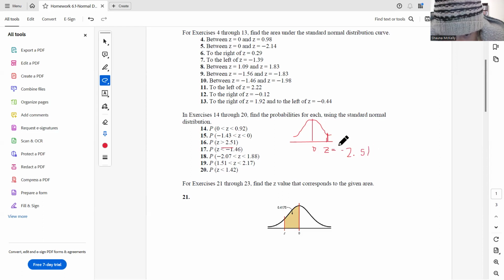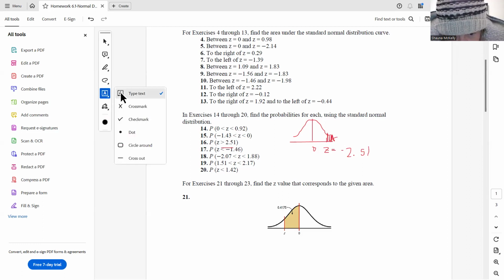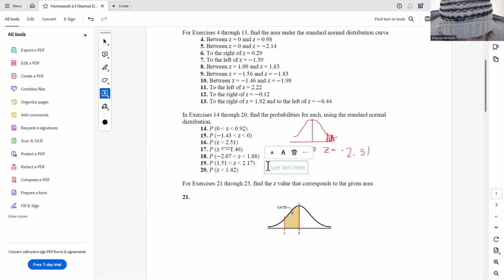And all I'm going to do is shade. It's greater, so I want it to be bigger, so I want it to go this way. So when I write my answer, I say probability of Z greater than 2.51 is equal to normal CDF from 2.51.